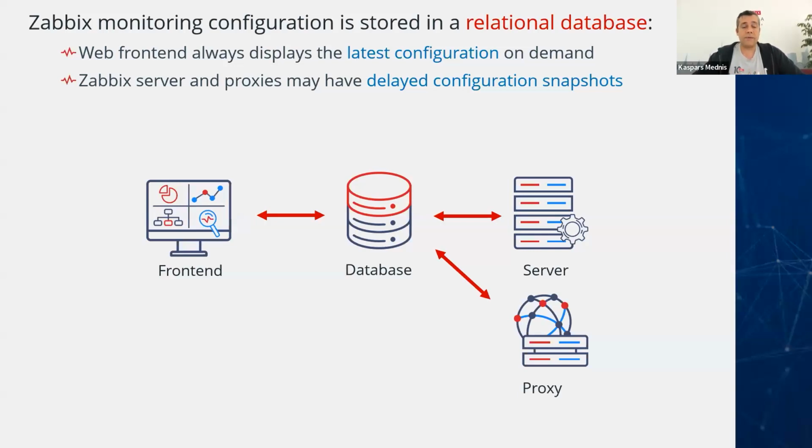And the biggest problem is that there is always a delay, right? When you input something into the front end, once you press the add button, the information is submitted to the database. But the server and the proxy are doing scheduled updates, so there is always some kind of delay.